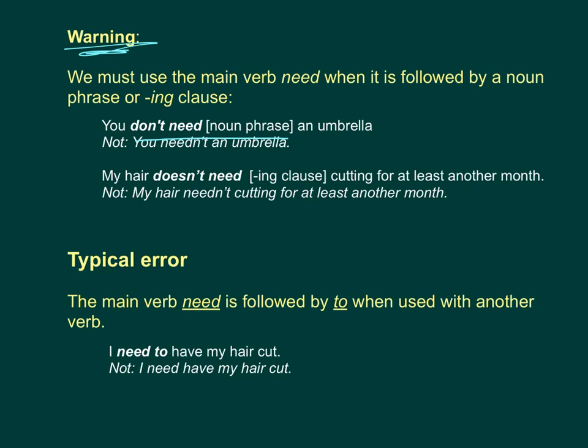Not, my hair needn't cutting for at least another month. Typical error. The main verb need is followed by to when used with another verb. I need to have my hair cut. Not, I need have my hair cut.